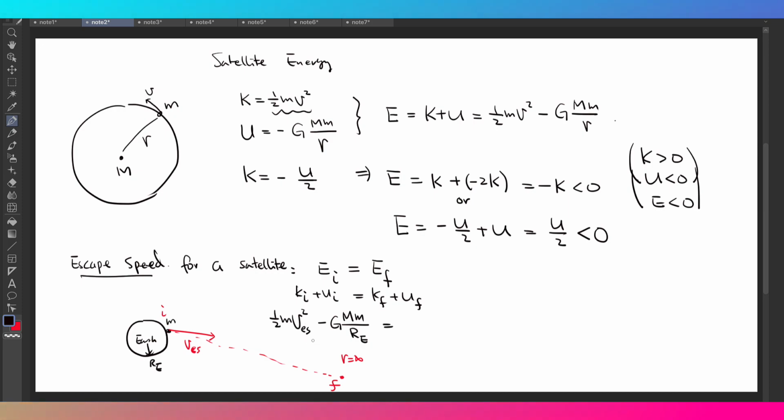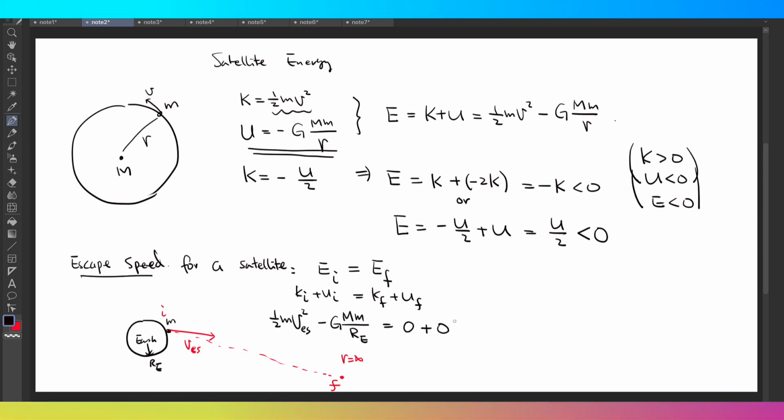We try to find the minimum speed, which we call escape speed, so we don't need to have any kinetic energy left at the final position. So you can say it's 0 here. That's the minimum K you can have. And at infinity, remember this formula for the potential energy: when r equals infinity, U is 0. That's why we get 0 here.